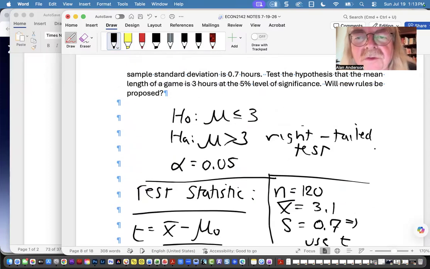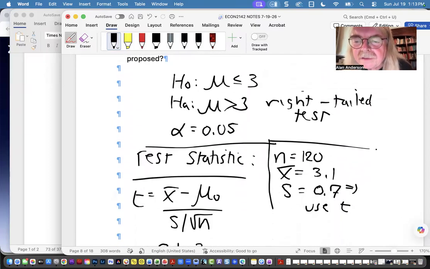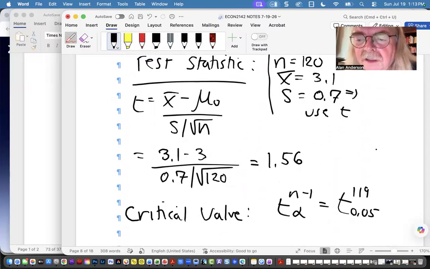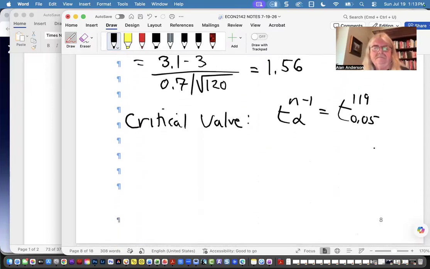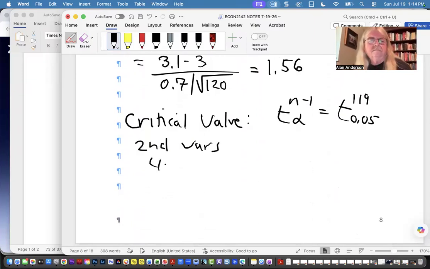So remember, N is 120 and alpha is 0.05. It needs to know area and degrees of freedom.